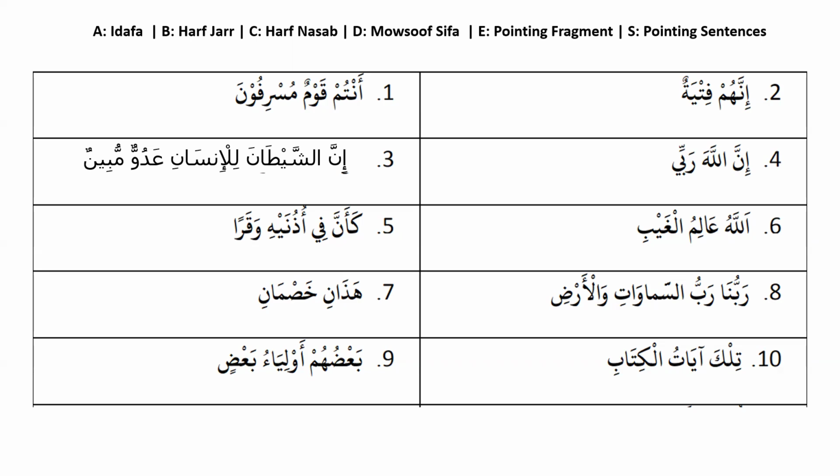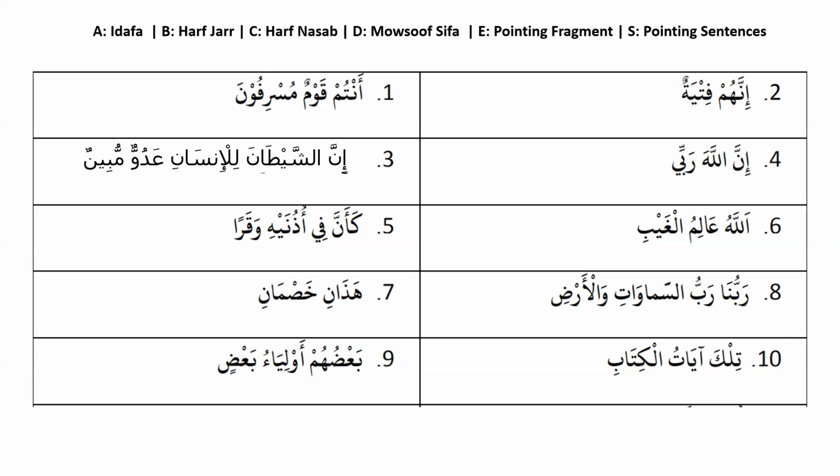So musrifun means someone who transgresses, something like evil. So what is the meaning of antum kaumun musrifun? You all are an evil nation, or a transgressing nation, because evil and nation are mawsuf and sifa. Clear?